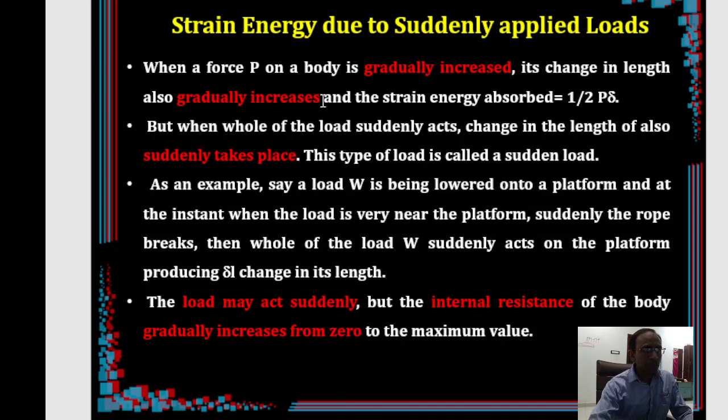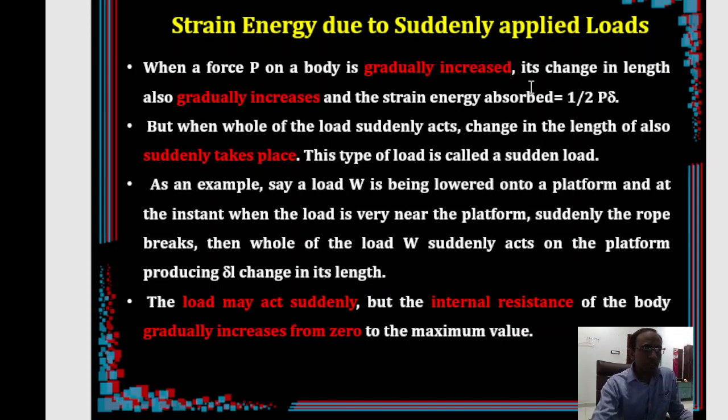Its change in the length also gradually increases. Say this is the force and I am gradually increasing it. Then deformation or change in the length also happens gradually.